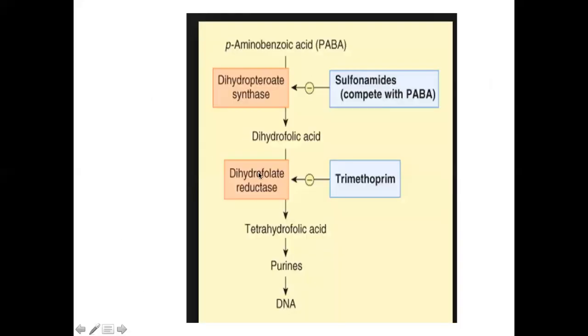These two enzymes, dihydropteroate synthase and dihydrofolate reductase, are key enzymes in the formation of tetrahydrofolic acid. So when those two drugs are combined, trimethoprim plus a sulfonamide such as sulfamethoxazole, each drug acts at a key enzyme. So their combination will result in a synergistic effect, not an additive effect, because this combination will further decrease the formation of tetrahydrofolic acid.